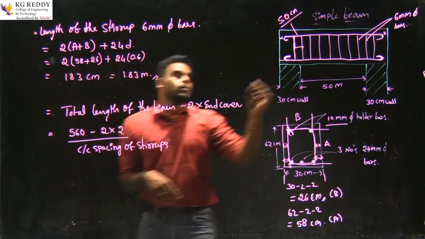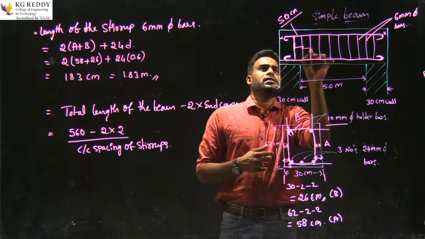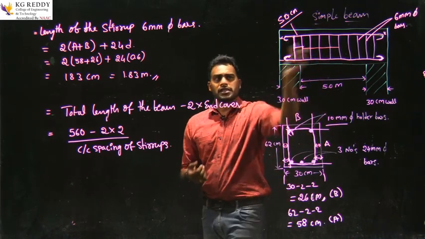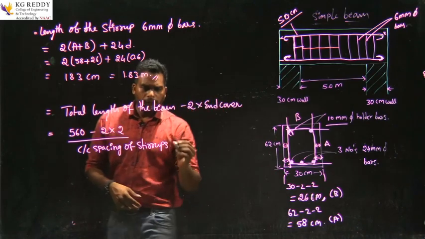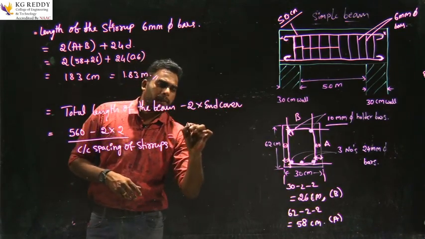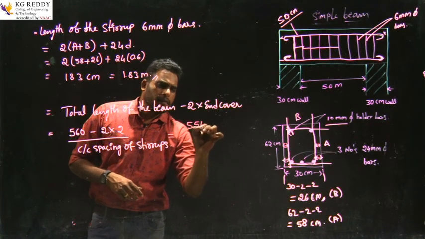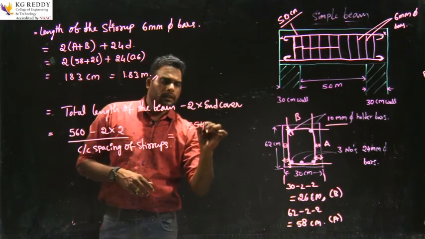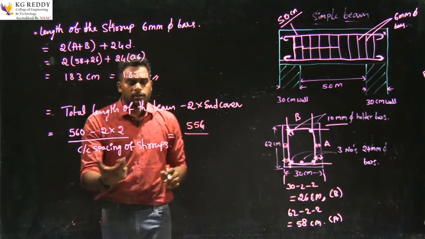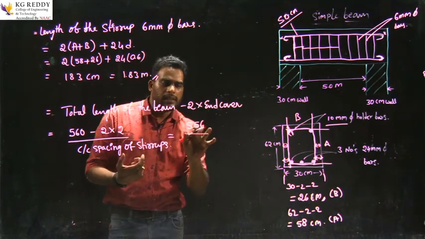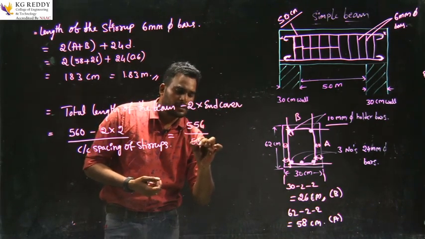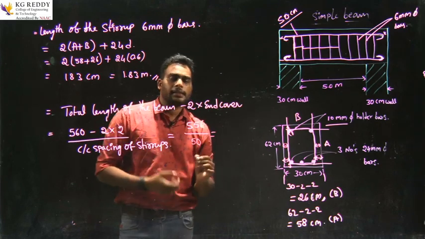As usual, for each and every stirrup the distance is the same, 50 centimeters from center to center of the stirrup. Now we need to calculate: 560 minus 4 we get 556, divided by the center to center spacing of the stirrup, 50 centimeters.